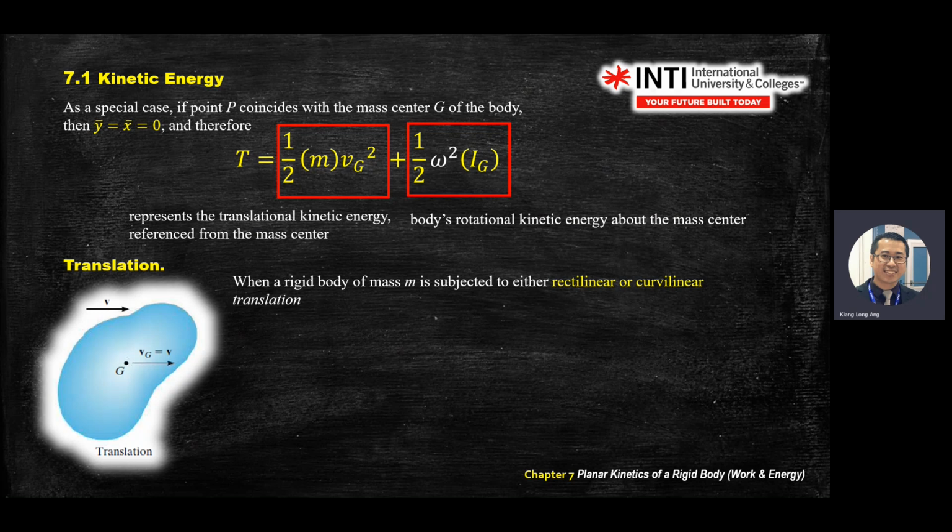That's why in your statics, in your physics, you don't consider the object rotating. Now you see it. In your physics, in your SPM, in your statics class, you don't see the object rotate. You only see the object move on a flat surface, or fall in a straight line.